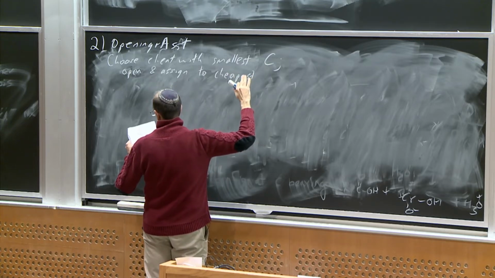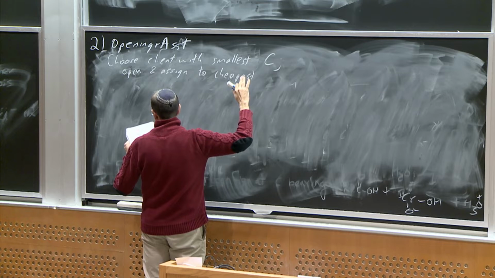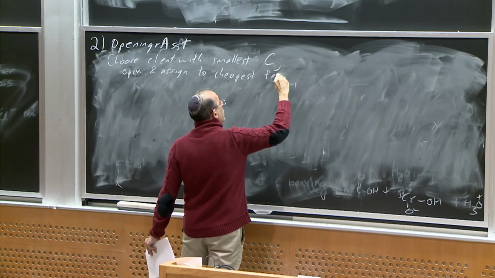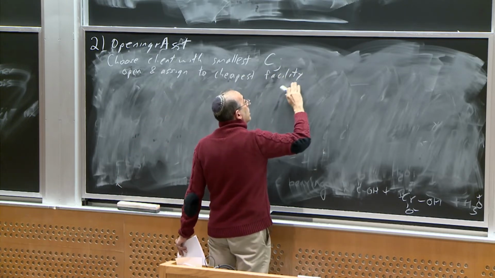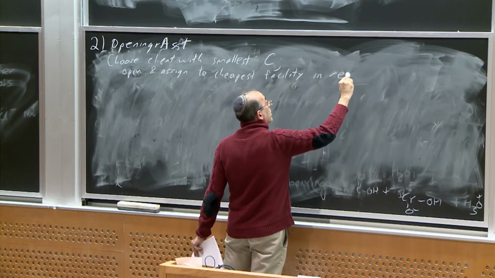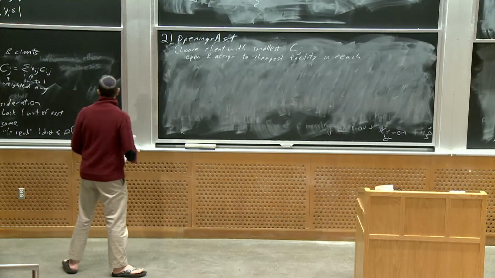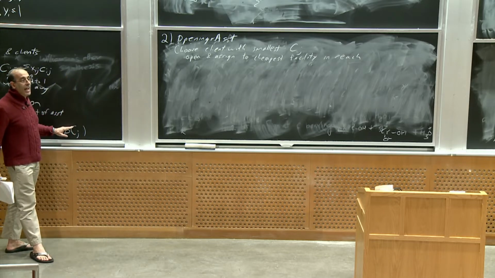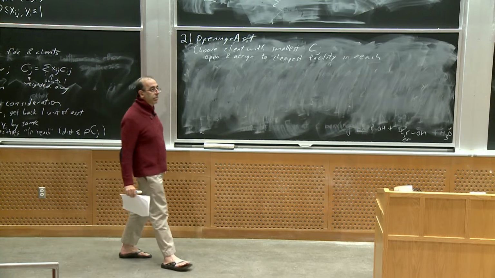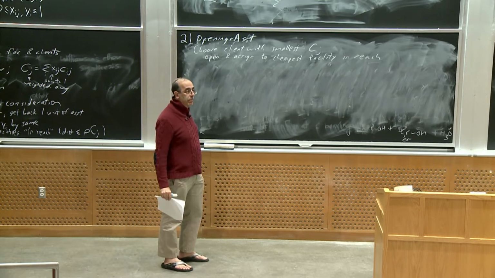Sorry, let me be more careful. To the cheapest facility in reach. Okay, the cheapest one of these facilities that remains attached to it as a candidate after the filtering step. Okay.